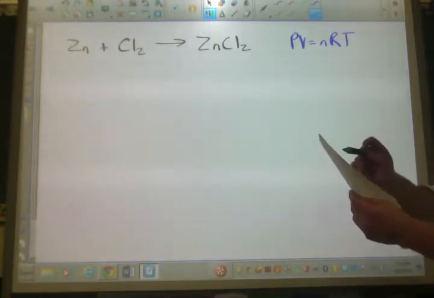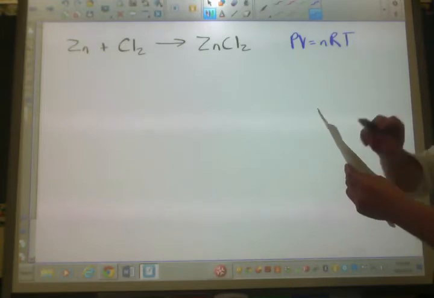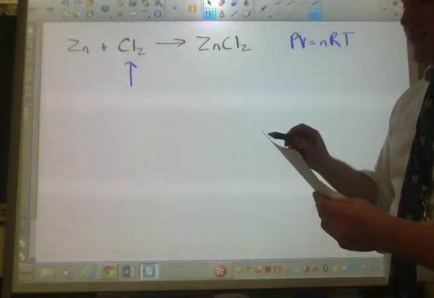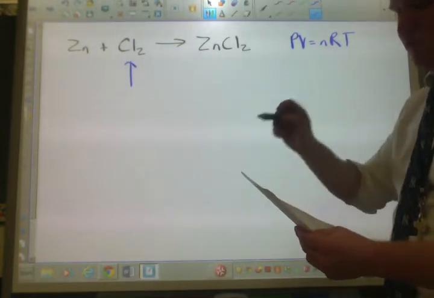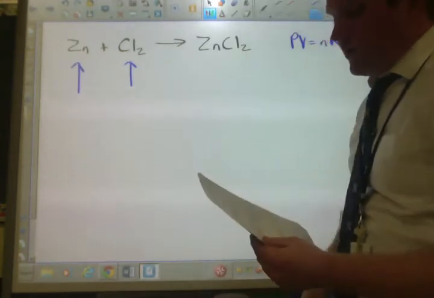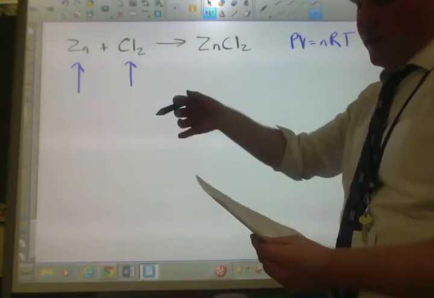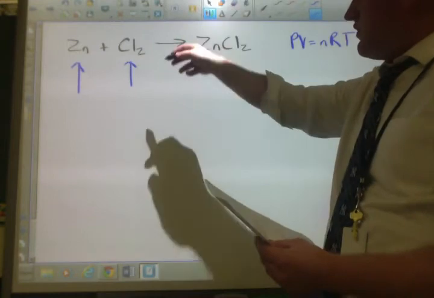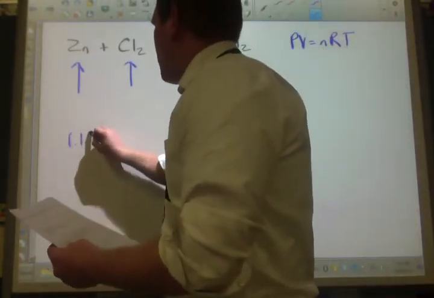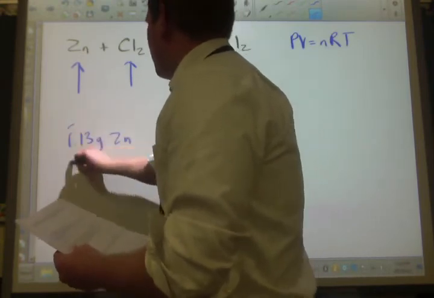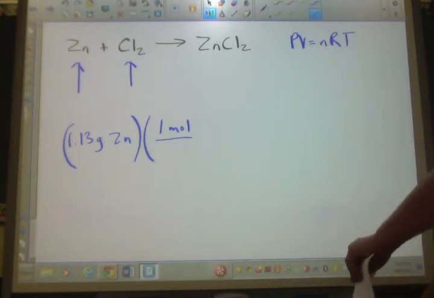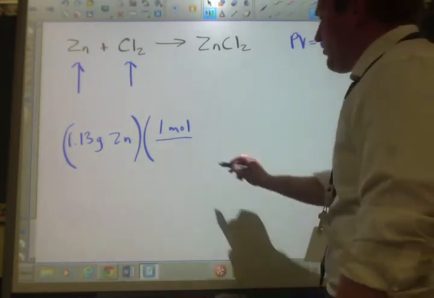To get what volume of chlorine gas, we need to find the moles of chlorine gas, but we're given grams of zinc. So the sequence we're going to do: convert grams of zinc to moles of zinc, look for the mole-to-mole ratio, take those moles, plug it in, and get our answer. So, 1.13 grams of zinc times 1 mole over 65.39 grams.